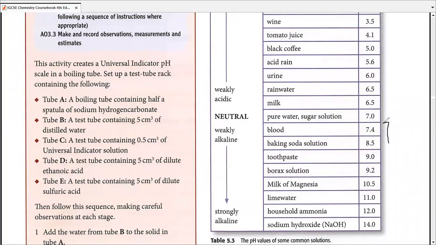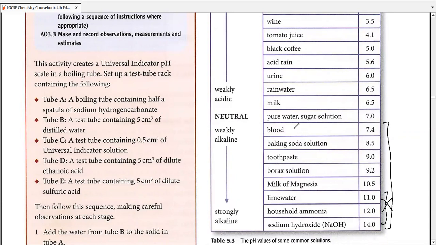Anything above the neutral range, above 7 and less than 14, would work for us. Anything from 11 to 14 would not be good for us, as it would be too corrosive, and it can corrode or cause problems to our lips, tongue, and the whole mouth. So we can use anything higher than 7 and less than 11.